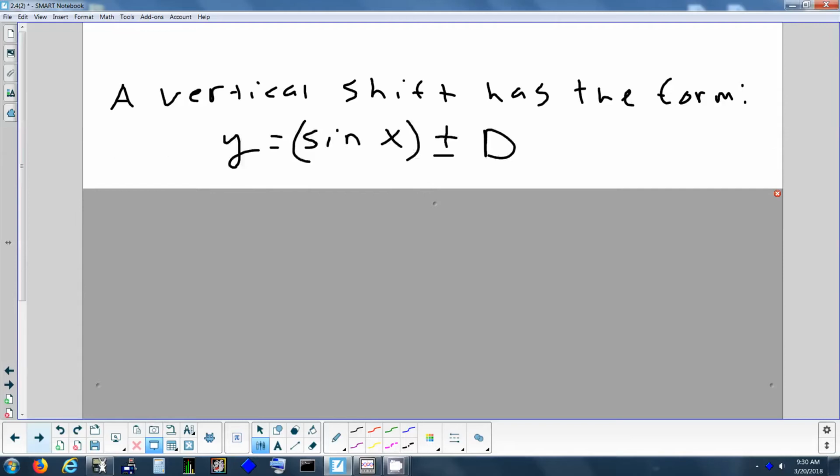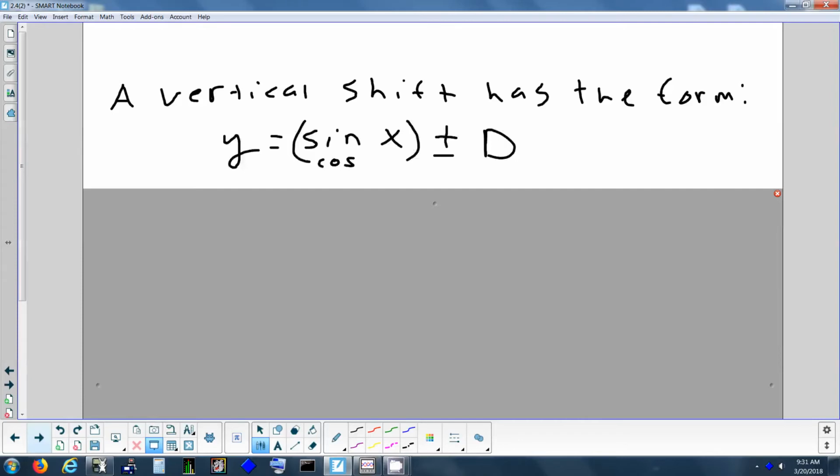So vertical shift has the form y equals sine of x plus or minus a number. So if you're continuing that list that I had before of what they look like, you could put y equals sine or cosine, either one, of x plus or minus a number.